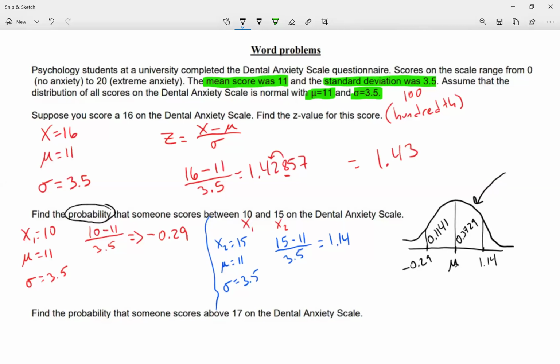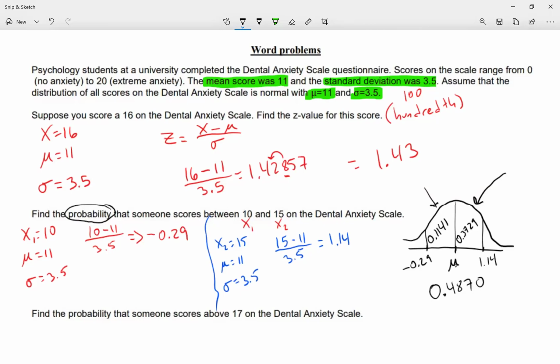Okay, I found how much is each area. Now my answer was, what's the area in between all of it? So I'm going to add these two areas. And my probability will be 0.4870.